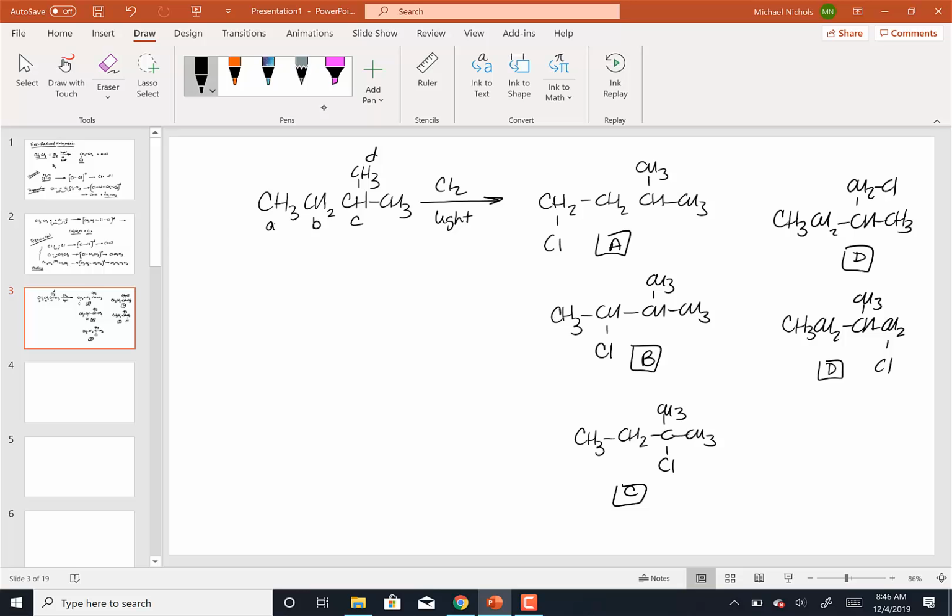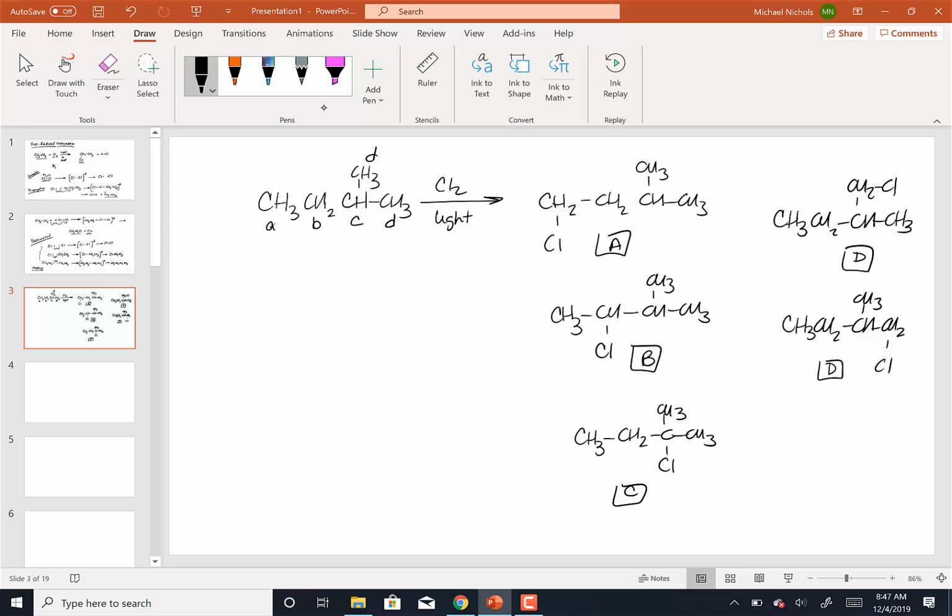So actually I'm going to say both of those sets of hydrogens are D because they lead to the same product. And so how many different products could I get from this reaction? I could get 4.